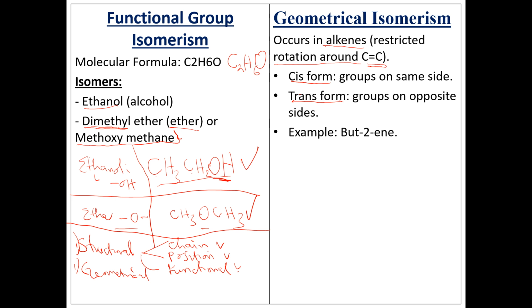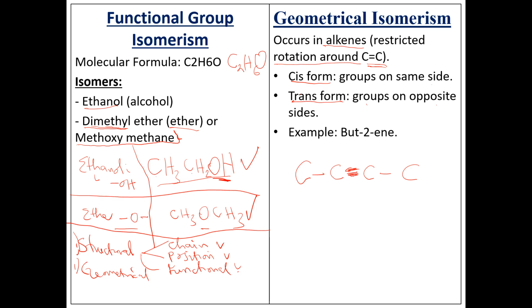Now, in the cis form, groups are on the same side, while in the trans form, groups are on opposite sides. For example, in but-2-ene, but is a prefix for 4 carbon atoms, and ene shows that this is a double bond, on carbon 2, so we put our double bond there, in between.